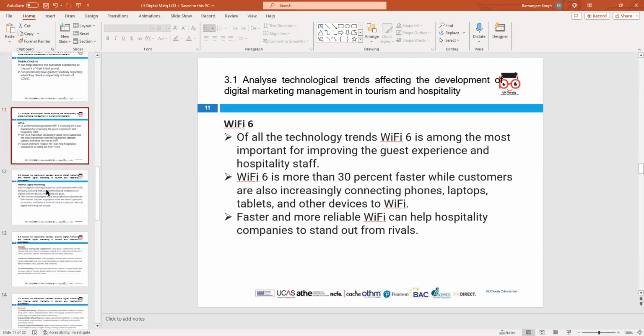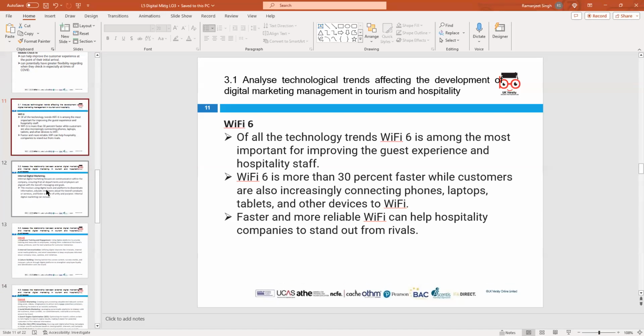Okay, another technological trend that has affected the tourism industry is the rise of Wi-Fi. The introduction, implementation and use of Wi-Fi in hotels and the tourism industry.